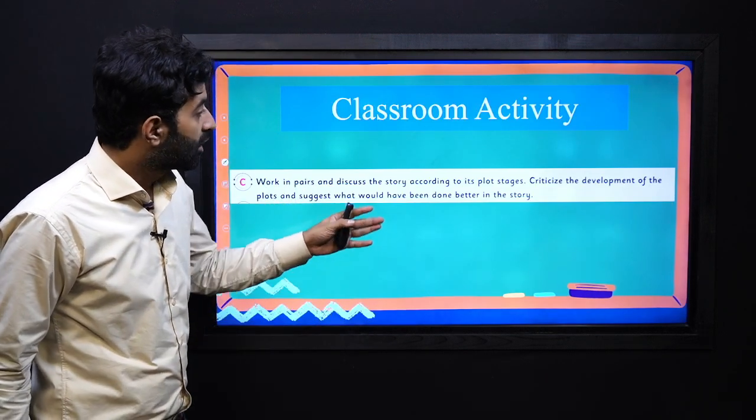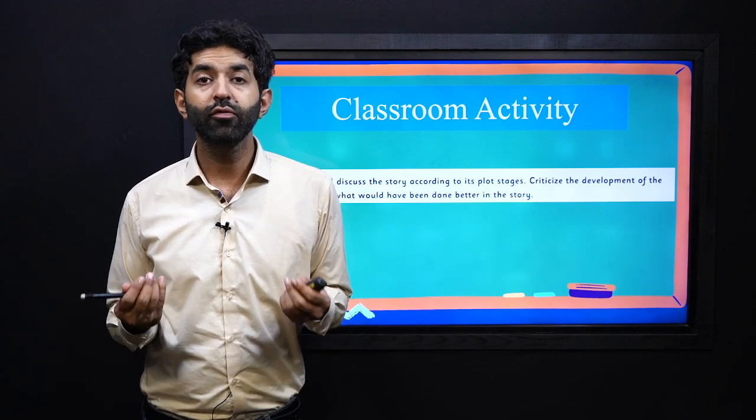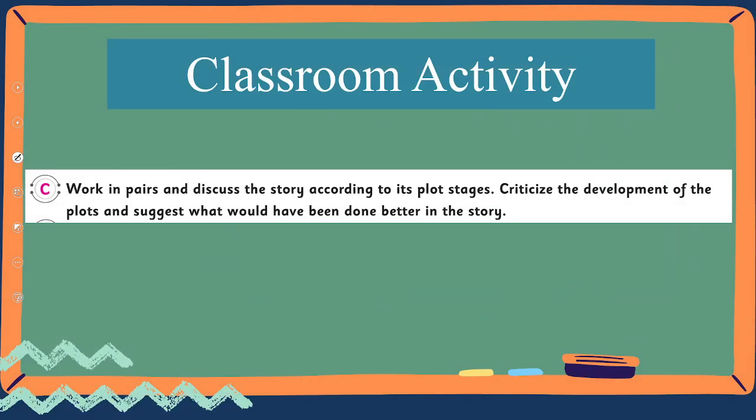Now that we are clear about all these different stages of plot, what we are supposed to do is work in pairs and discuss the story according to its plot stages. You will talk about the start, the middle, and the end. Criticize the development of the plot and suggest what could have been done better in the story.